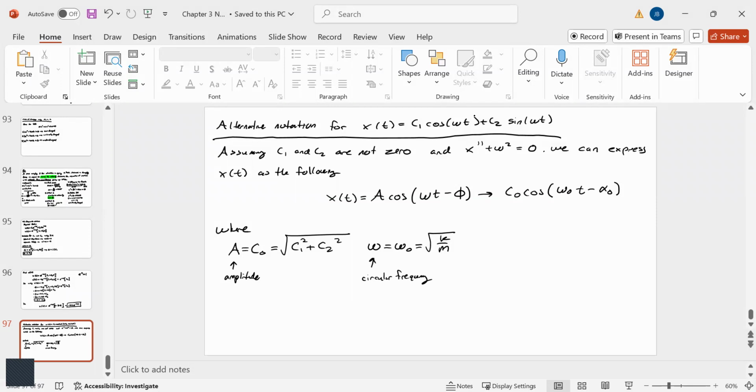And then phi, which is equal to alpha naught, is going to be the arctangent, the tangent inverse of C2 over C1. You have to remember this is the y value, and this is the x value, which is sine theta, and this is cosine theta.